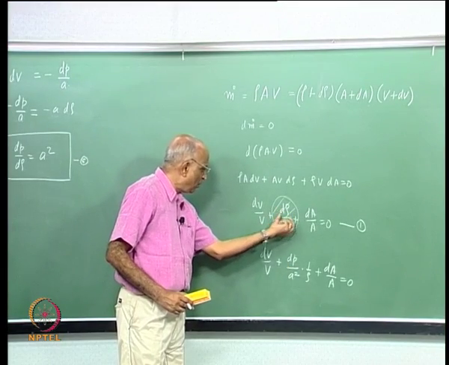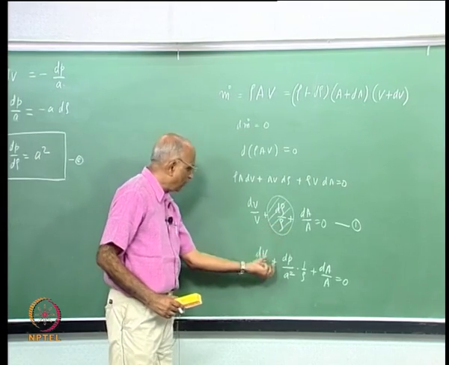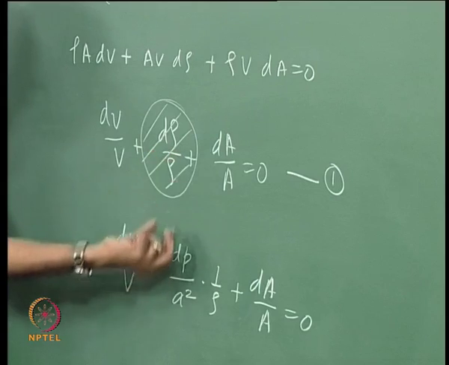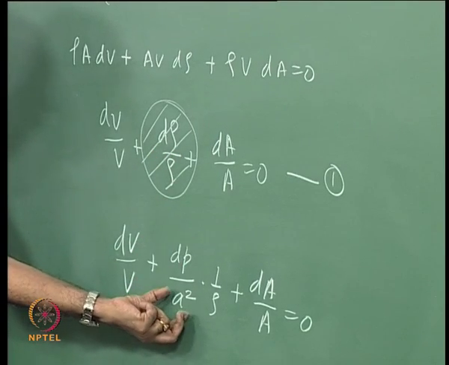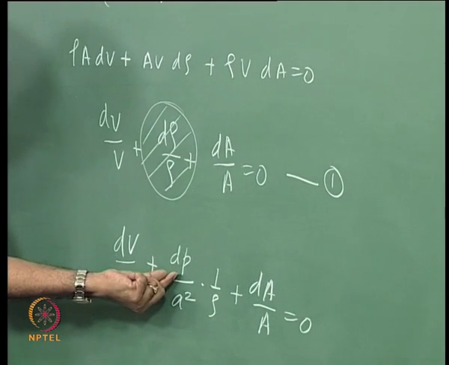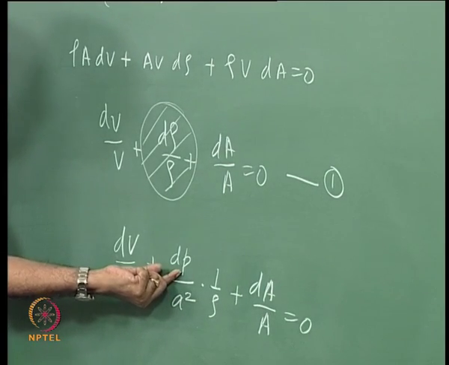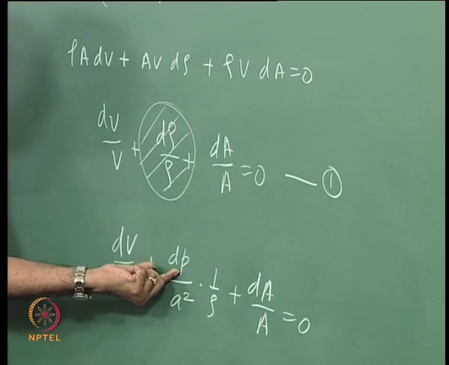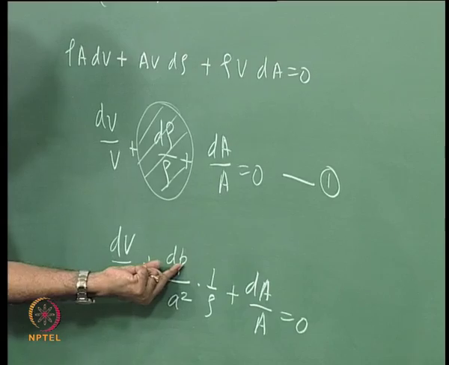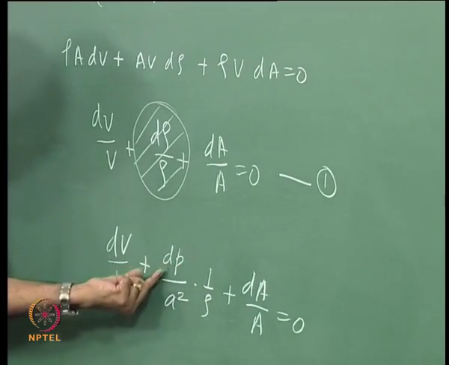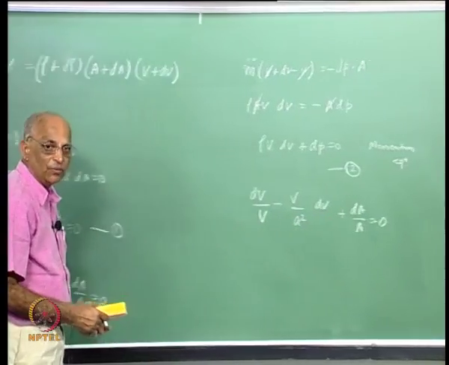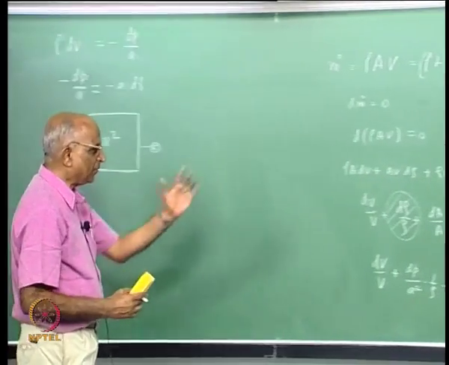We substituted the value of d rho by rho in terms of dP by A square into 1 over rho, because we found that dP by d rho is equal to A square. Then we wanted to get rid of dP, and therefore we used the momentum equation, which we wrote as minus rho V dV. Rho and rho get cancelled, that means minus V dV by A square is what we get over here. Please check if it is all right.